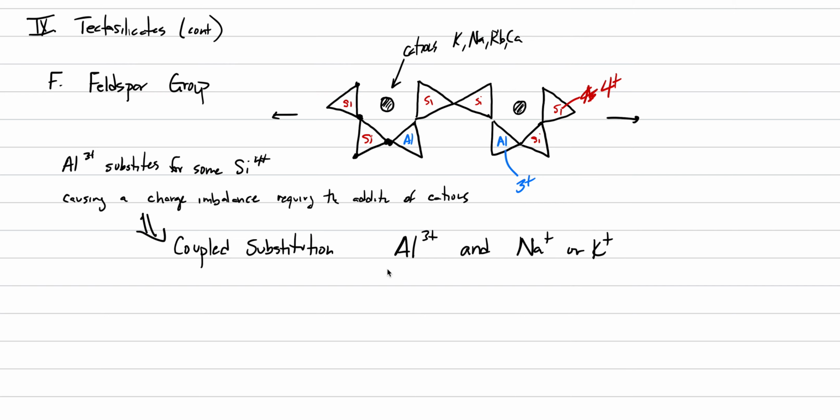Now, if you were to add 2 aluminum 3 pluses, it creates a negative 2 charge. And so what can happen is you get a coupled substitution of 1 calcium 2 plus. And this is the reason for the chemical formulas that you're going to see in the feldspars.